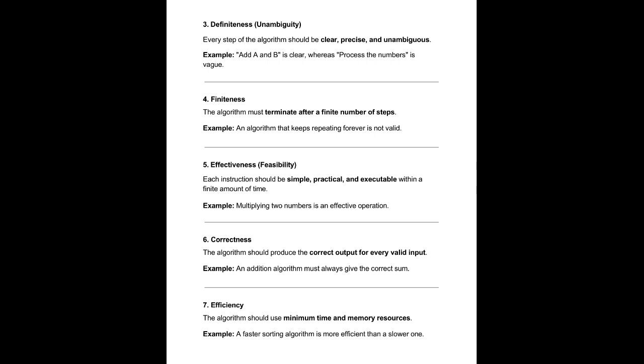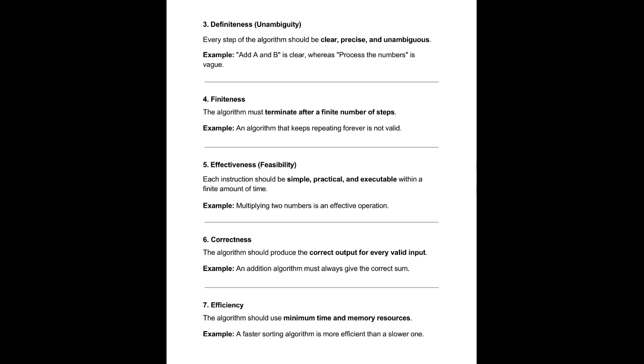The algorithm should produce the correct output for every valid input. For example, an addition algorithm must always give the correct sum of two numbers a and b. That means correctness. Then efficiency means the algorithm should use minimum time and memory resources.